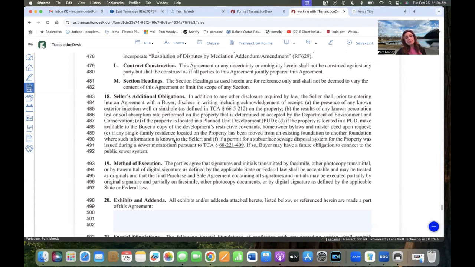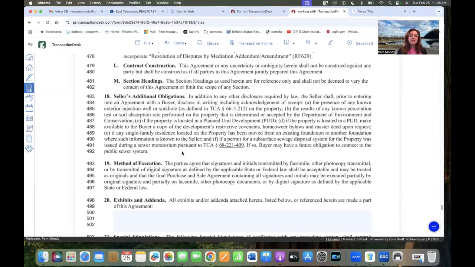If any single-family residence located on the property has been moved from an existing foundation to another foundation where such information is known to the seller, and if a permit for a subsurface sewage disposal, that's septic system, for the property was issued during a sewer moratorium, then the buyer may have future obligation to connect to the public sewer system. So these are all documentations that you would get ahead of time.